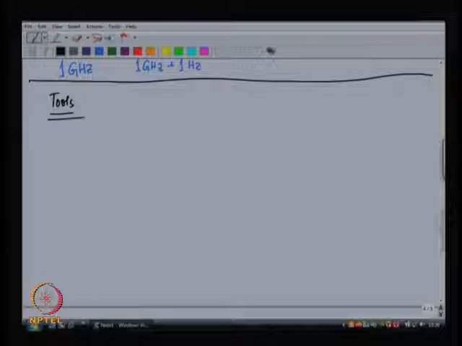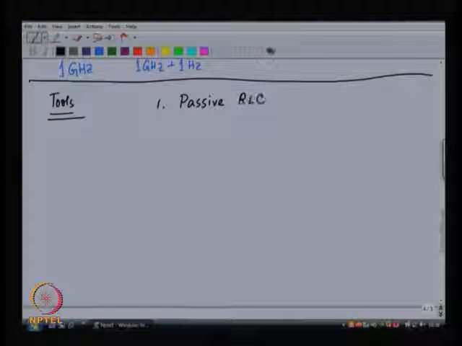So, we need a few tools, we need some basic understanding. So, first we are going to study passive RLC networks. I am sure you have all studied passive RLC networks prior to this course, but we are going to give it our own spin.